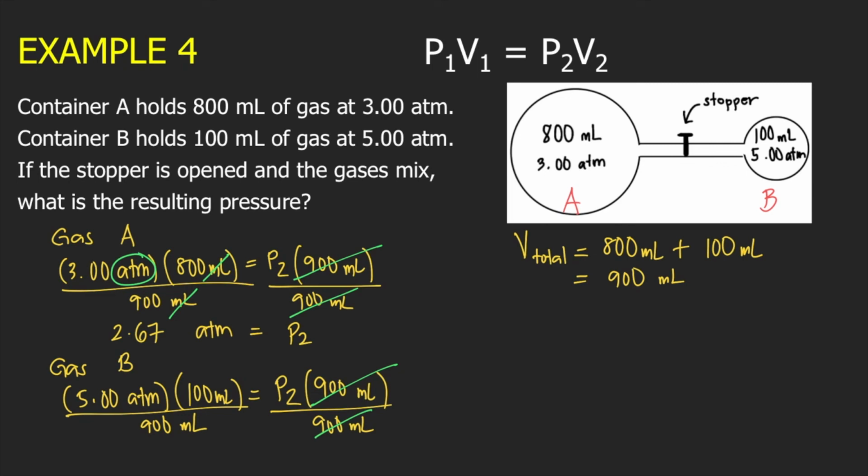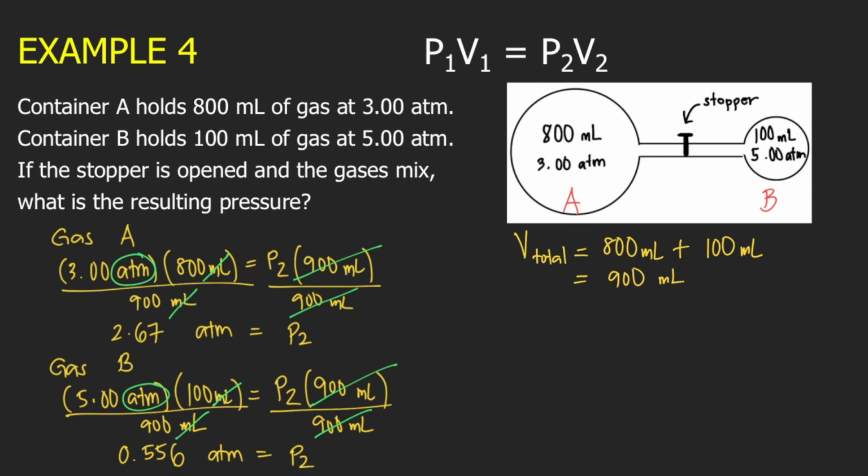What remains on the right side is P2. On the left side, ml will cancel, and what remains is atm. So 5 times 100 divided by 900. So the final pressure of gas B after mixing is 0.556 atm.